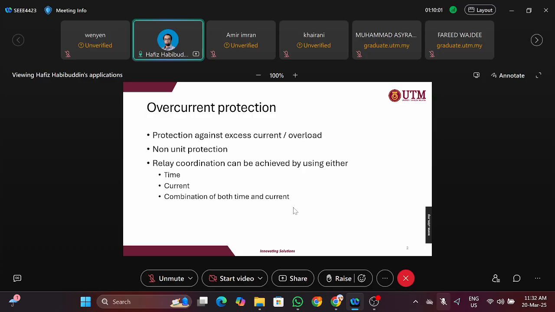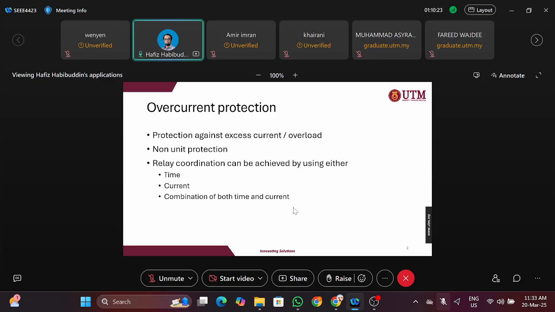Overload might be considered as a fault as well, but it's normally dealt with differently. Let's say the rated value of your conductor is 100 amp, you might be overloading it to 120 amp, a little bit overloaded. That's not a faulty condition.